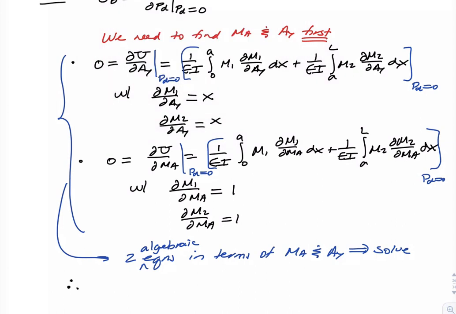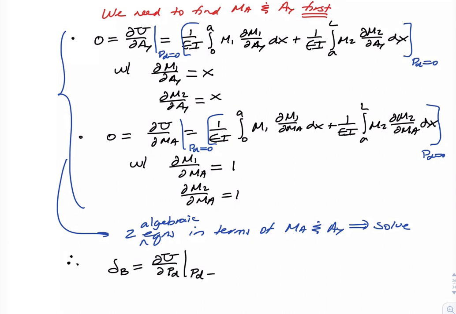So therefore now we can say that delta B is partial of U with respect to PD, as long as we set PD equal to 0.